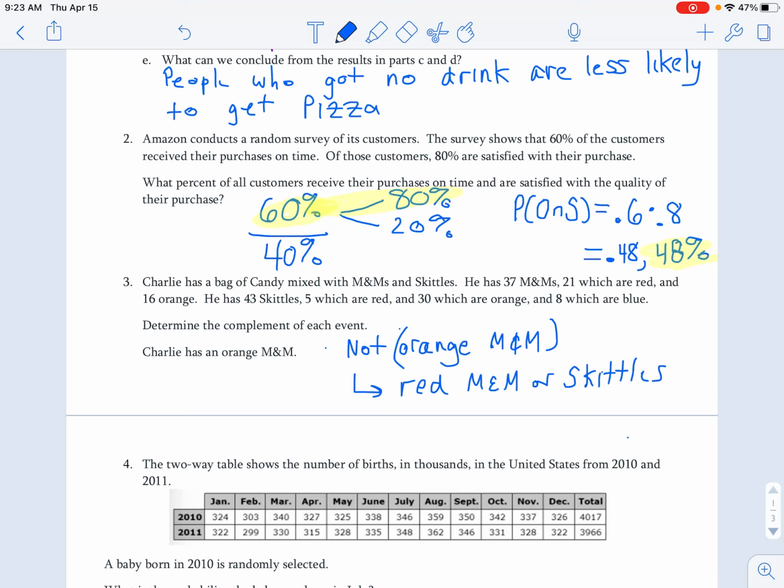That's the complement, because that means not. It fills up the rest of the sample space, and remember that's up to 100%. I also like to say not. All right, that's it.